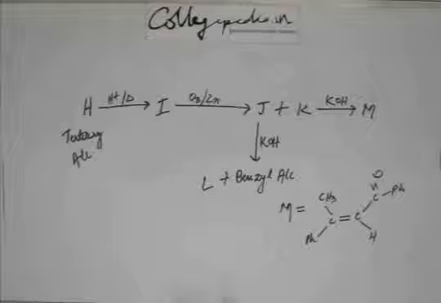From that structure of M, you will identify K. And once you identify K, you have to identify J and L. After that, you have to identify I, and then you have to identify H. So try to work this out. Let me just check the reaction from J to L plus benzyl alcohol.